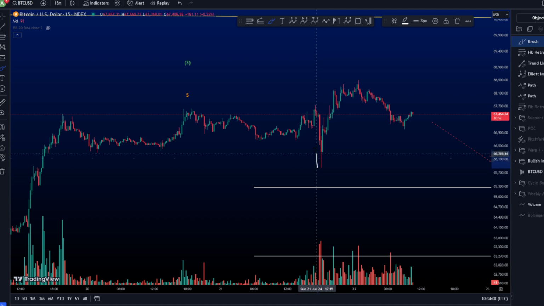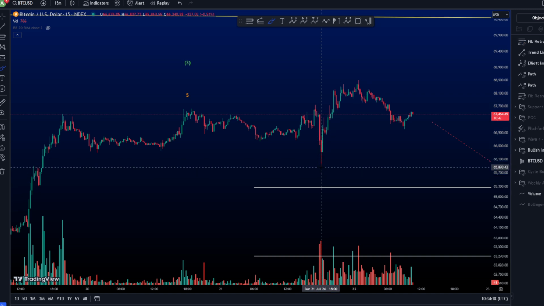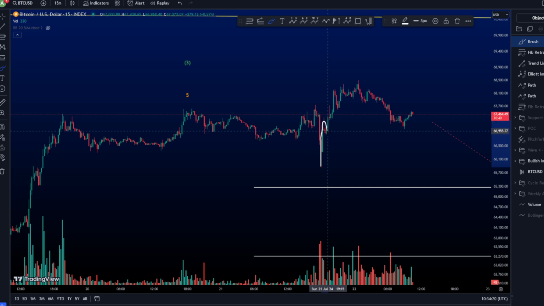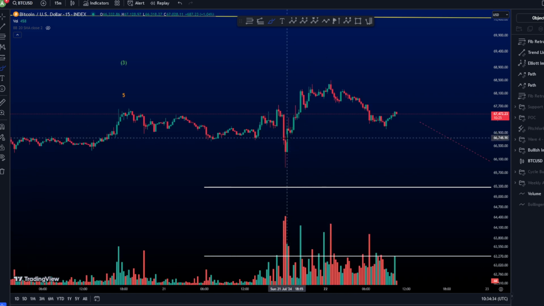It doesn't mean I don't know, it means it cannot be counted in a proper pattern for Elliott waves. If we take this as 1, 2, the 2 is very shallow. It cannot be a 2. This is only 0.23 Fibonacci. It's already broken from the beginning. We cannot consider it 1, 2. So there is no place for an impulse here.